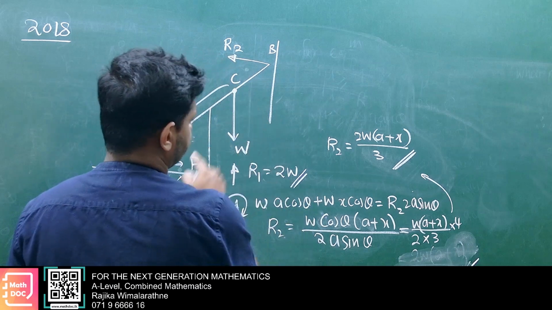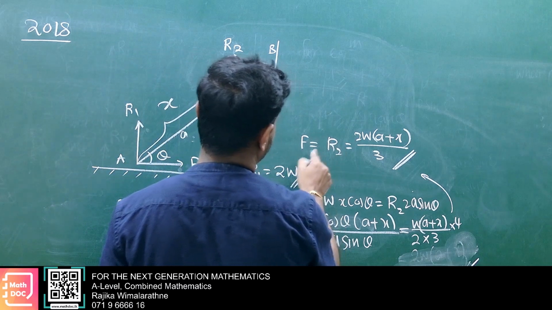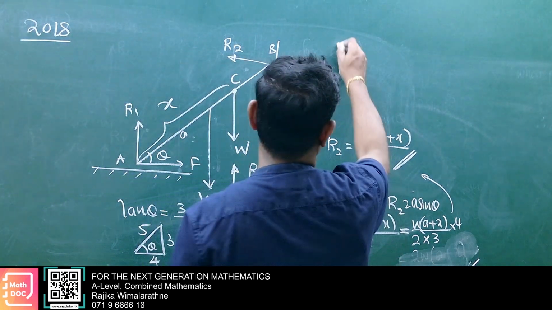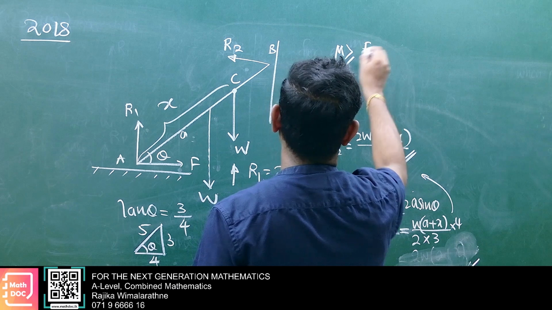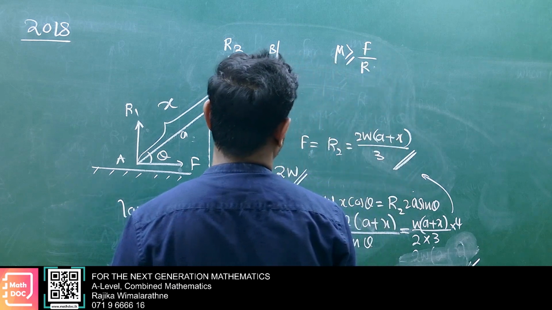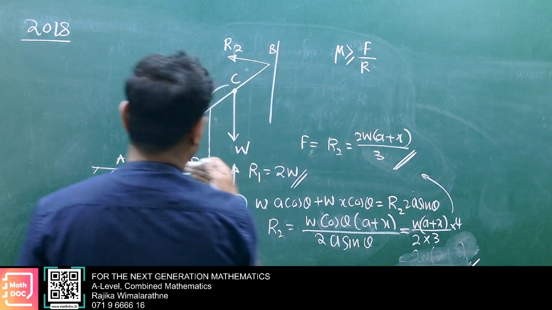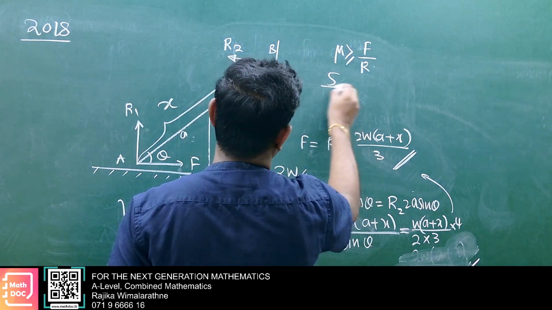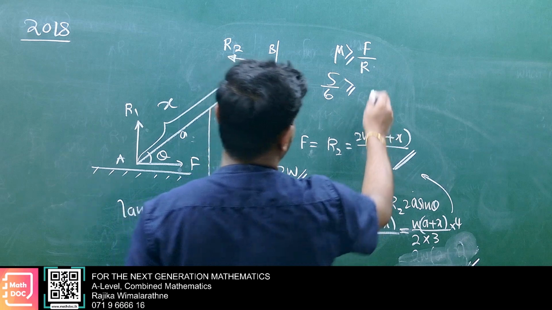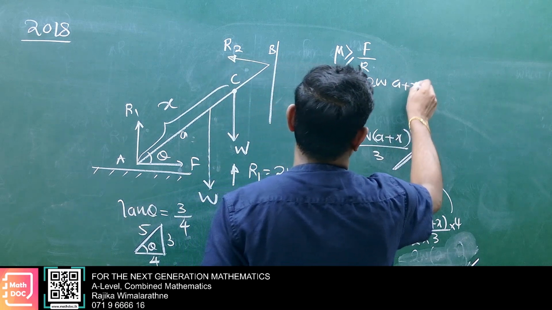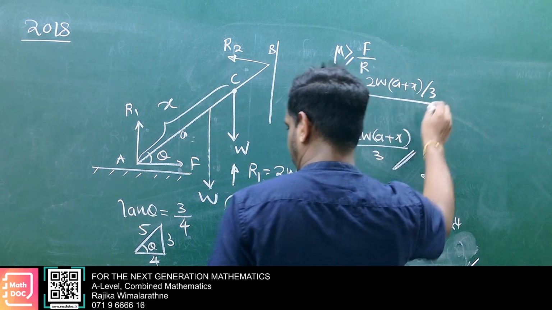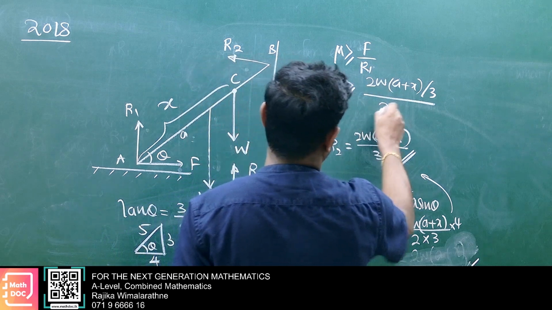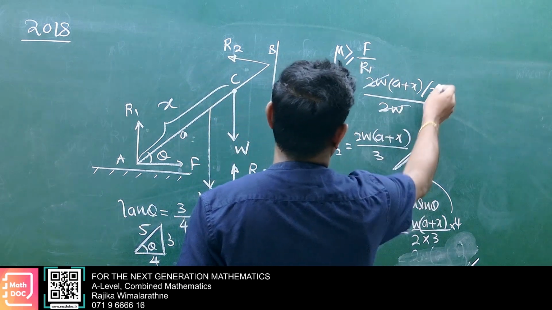Then F equals R2. Now you can get the inequality. Now the inequality: mu greater than or equal to F divided by R. Here there is no need to put modulus because usually we know the F value is positive. Then mu 5 over 6, F, R, R1 is 2W. Now simplify.